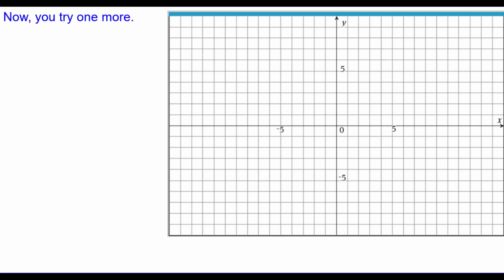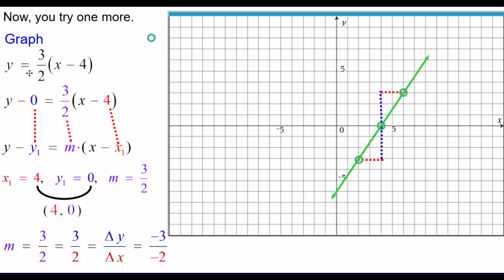Now try one more. Graph y equals 3 halves times the quantity x minus 4. Again, almost showing the answer there on the next one, so take your time. Resume when you're finished. Rewriting as a difference, y minus 0. So y sub 1 is 0, m is 3 halves, x sub 1 is positive 4.